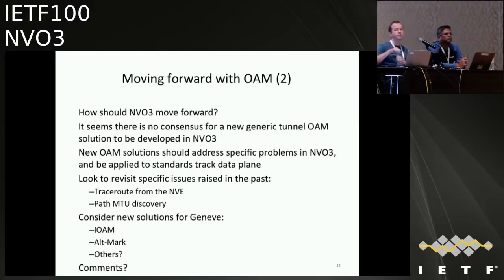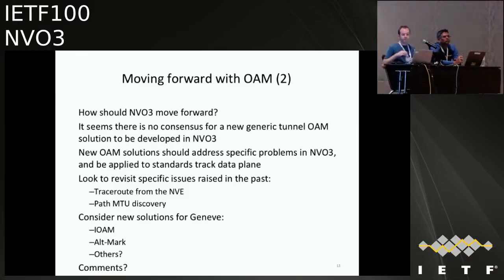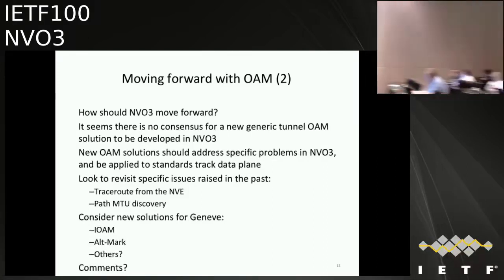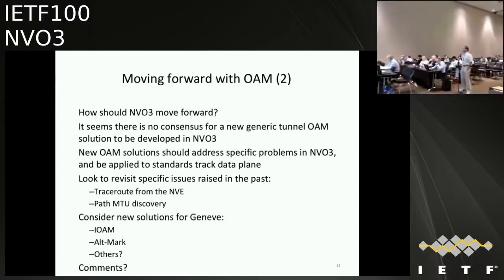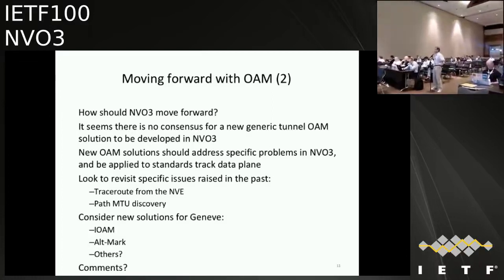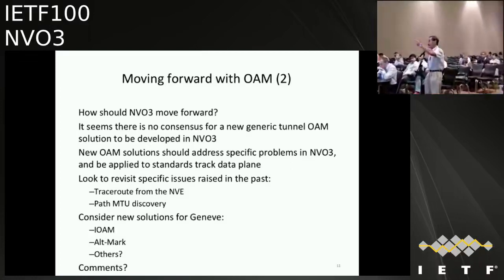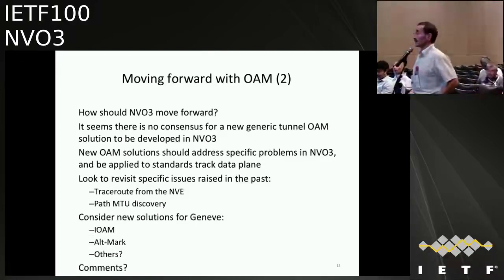I think what's important here is to differentiate active OAM from the two other methods listed here, IOAM and the alternate marking method, which is hybrid. Hybrid and IOAM exist only when there is a data flow. It's a characteristic of active OAM that test packets can be injected in the network when there is no traffic.